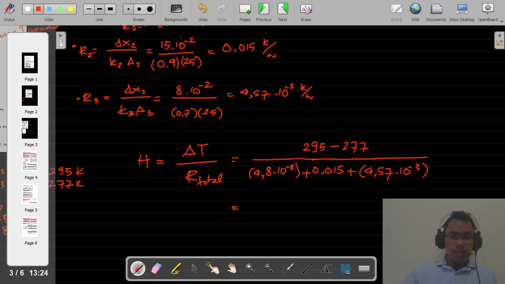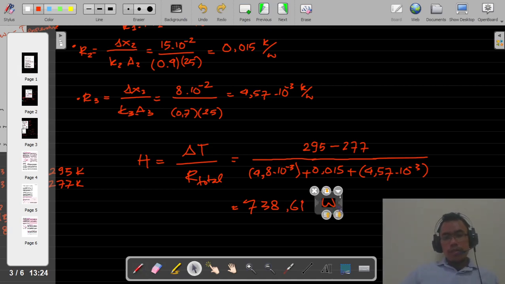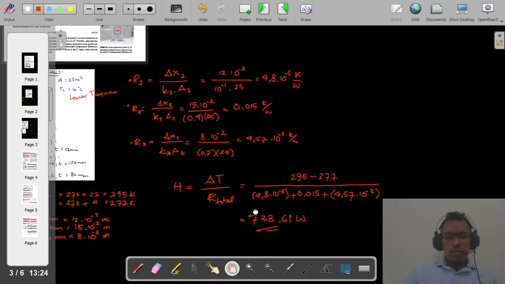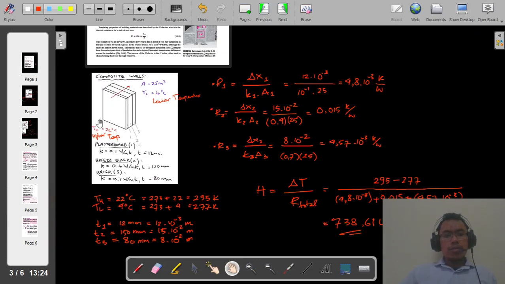Okay, so I got 771 watt. So this is the value of the heat transfer from this point to this point through 3 layers of different material.